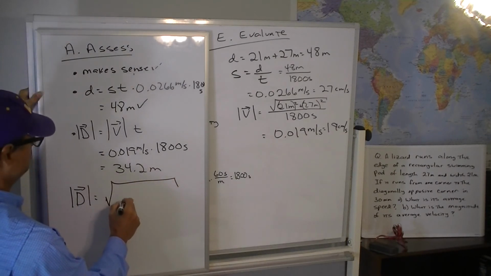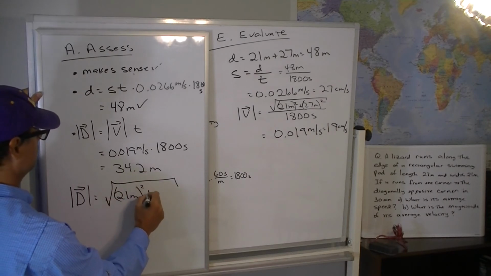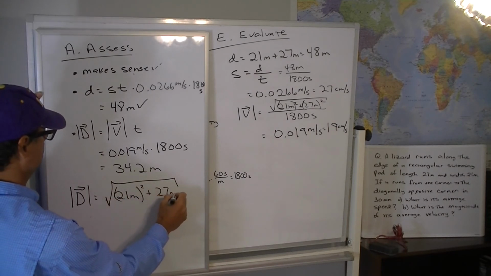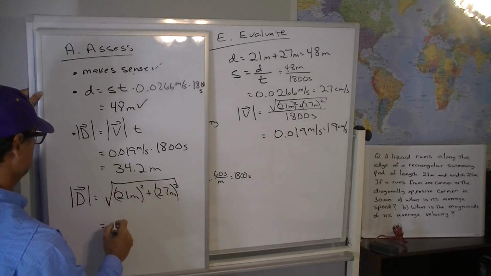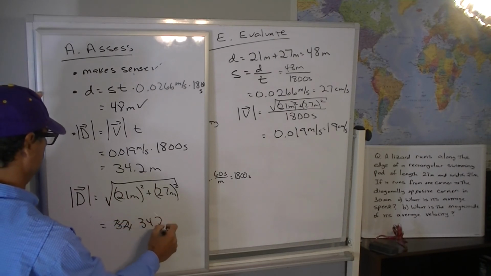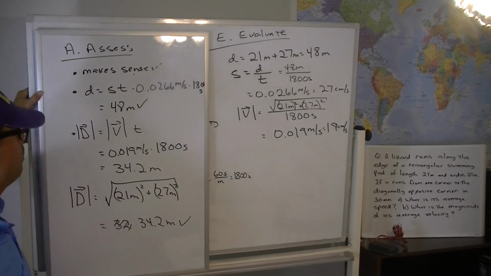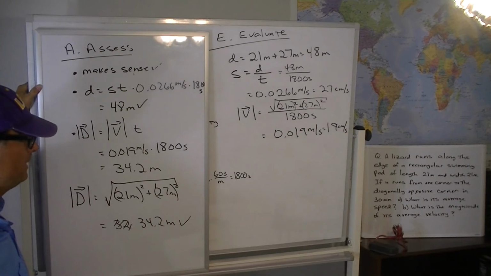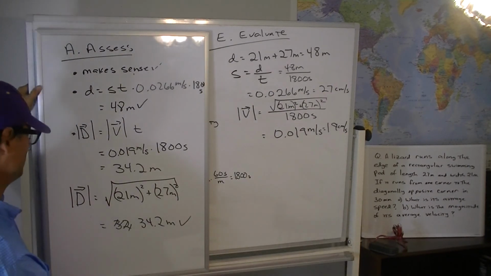So let's go ahead and do that. 21 meters squared plus 27 meters squared, and indeed that does give us 34.2 meters, or something very close to it once you also account for the rounding issues and such. So that one checks out, passes our assessment.